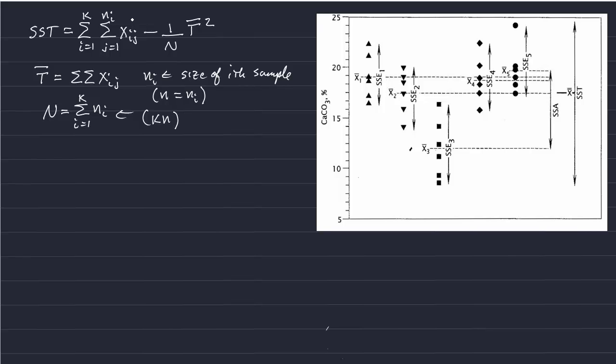I'm seeing that I'm forgetting to square each of the sample values. So this is a practical way to compute the total sum of squares.